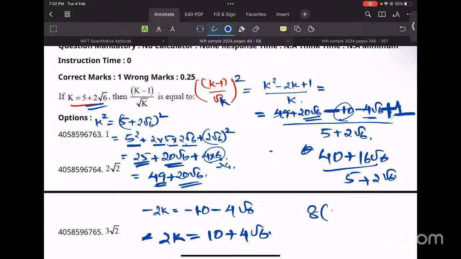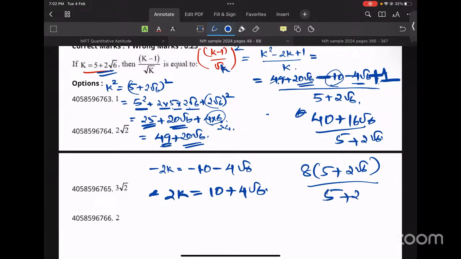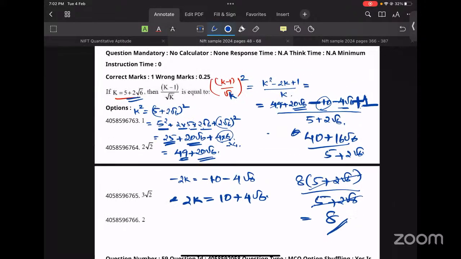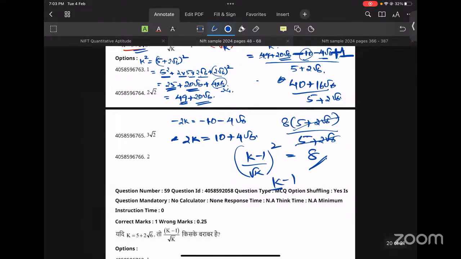So 8 times 5 plus 2 root 6 divided by 5 plus 2 root 6 equals 8. So 8 is the value of k minus 1 by root k the whole square. So k minus 1 by root k equals root 8, that is 2 root 2.